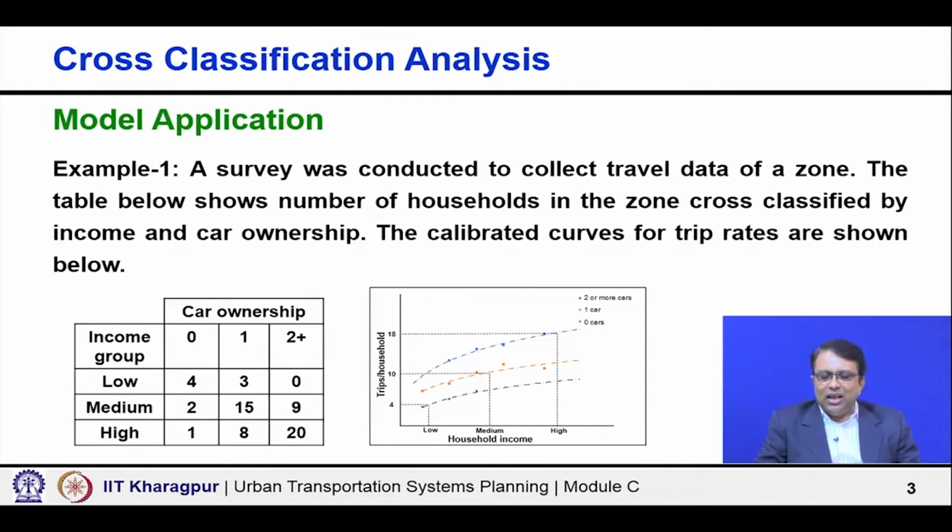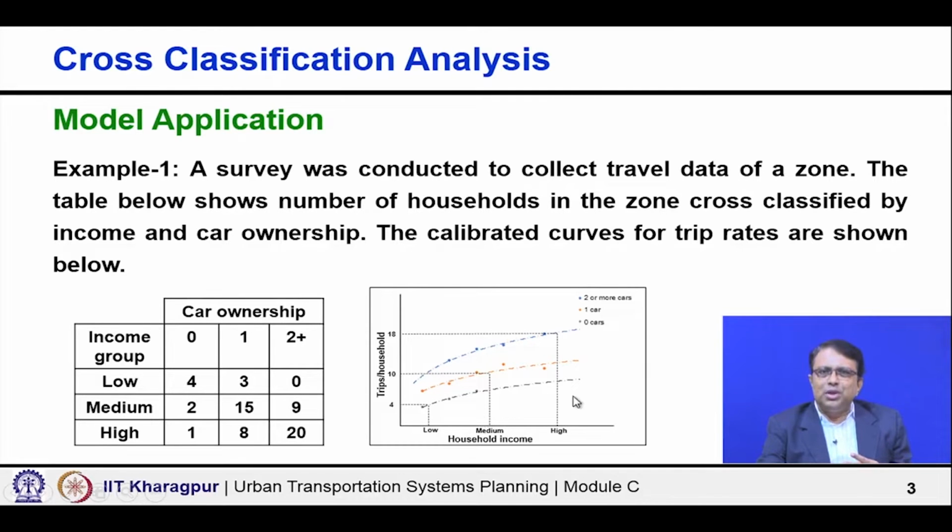So, the vertical lines you can see clearly: this represents the low income group, this represents the medium income group and this represents the high income group. Then for different car ownership, we got the data. How many households are there in each category is given, and for each category, that means 3 income groups and 3 car ownership levels, we also know the trip rates, which are explained here.